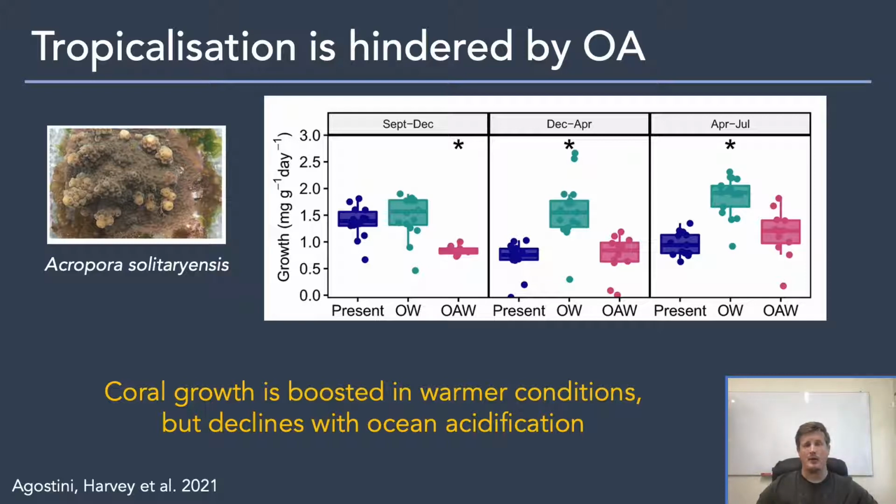Now, the only time that the present environment actually matched the Shikine warmer conditions was during September to December, which includes some of the warmest months of the year.